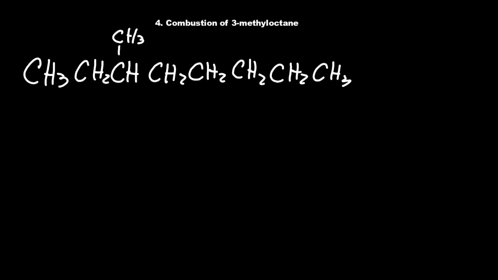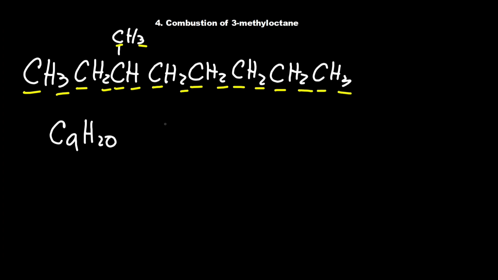And now let us count the number of carbons that we have. We have 9 carbons, and the hydrogen here would be equal to 20. So this would be C9H20. And add the rest of the formula for combustion.